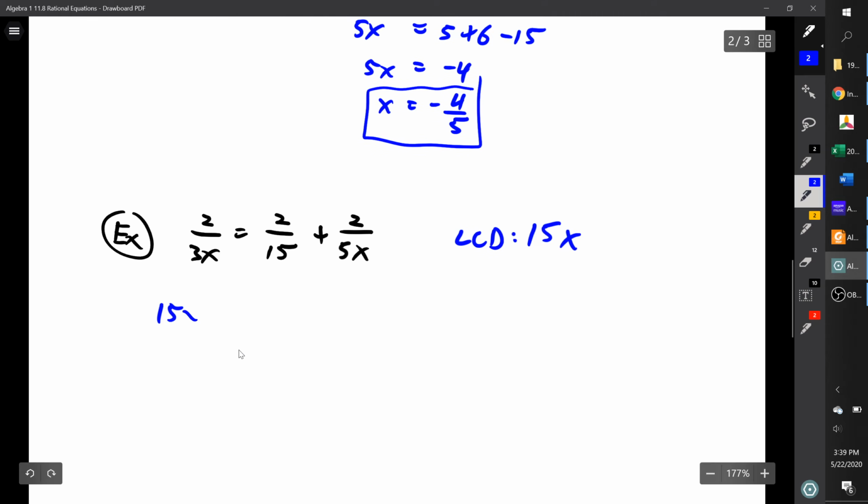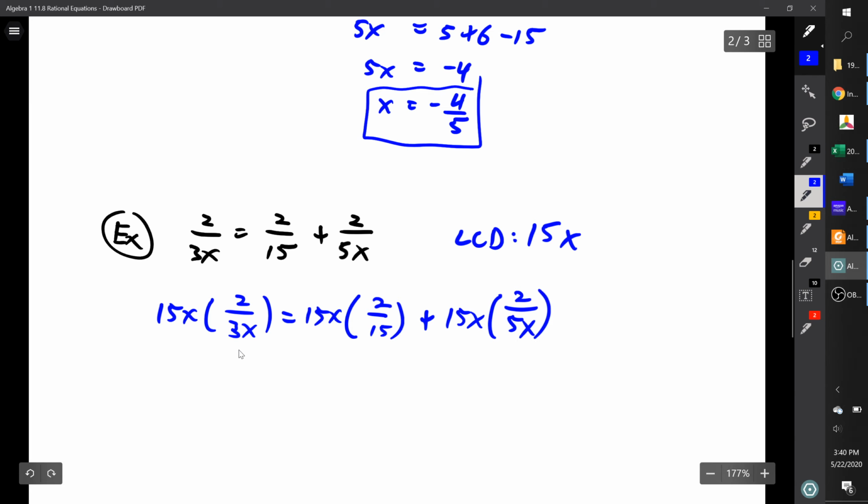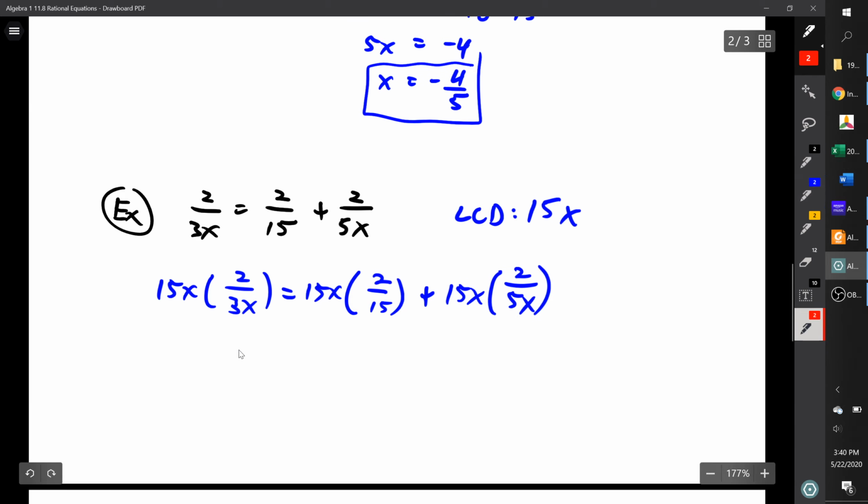So we're going to go 15x times 2 over 3x equals 15x times 2 over 15 plus 15x times 2 over 5x. Okay, let's see what happens. Well, my 15x over 3x simplifies just to 5.